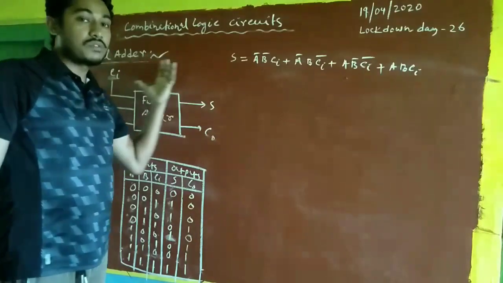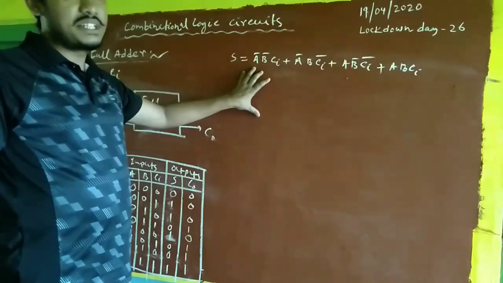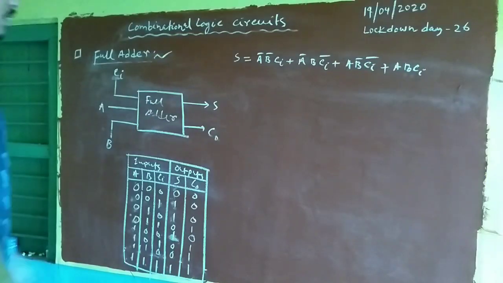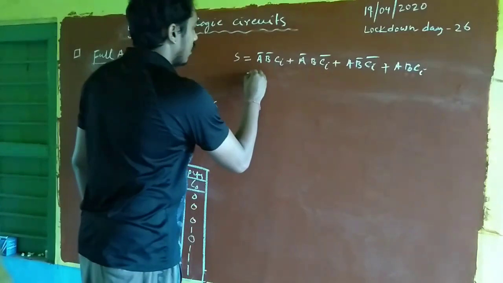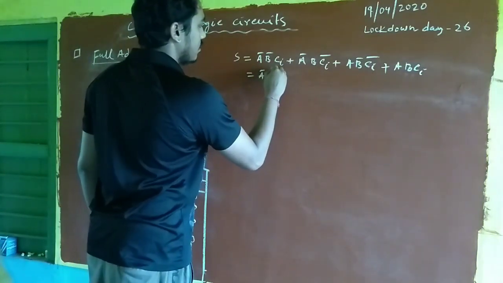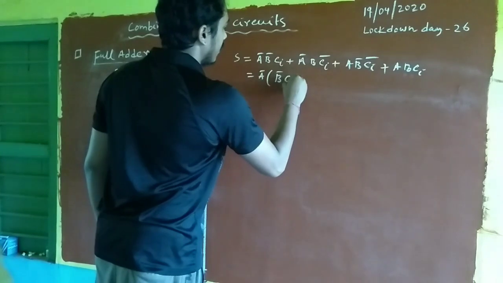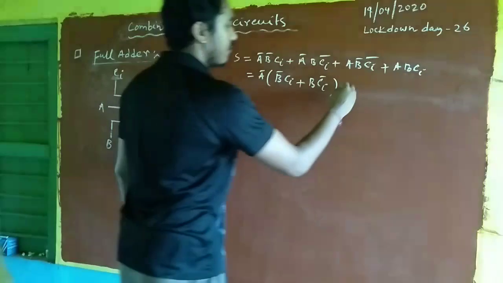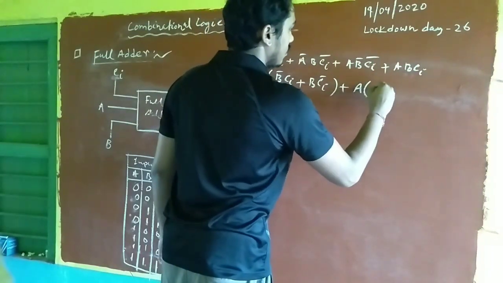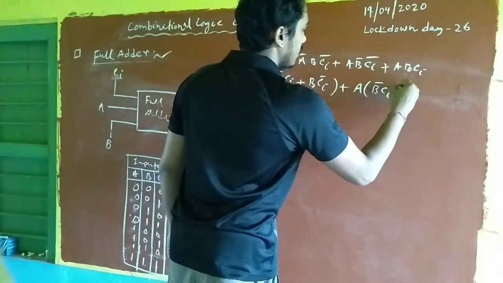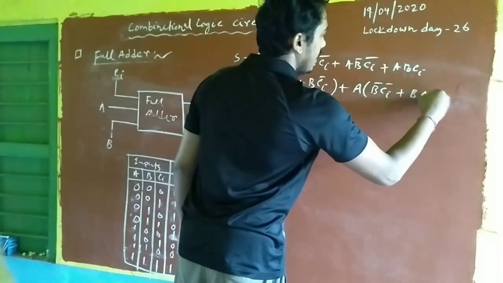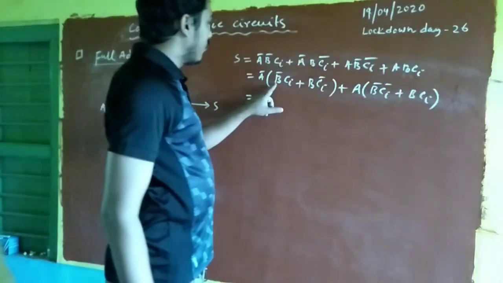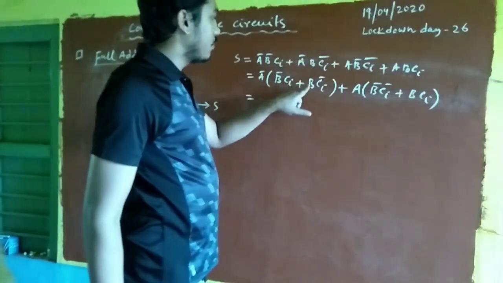Now this is the logic expression for the sum output. According to the procedure, we need to simplify this expression before designing using logic gates. From the first two terms, if we take A bar common, we will get B bar Ci plus B Ci bar. And from the last two terms, if we take A common, we will get B bar Ci bar plus B Ci. Now, what is B bar Ci plus B Ci bar?